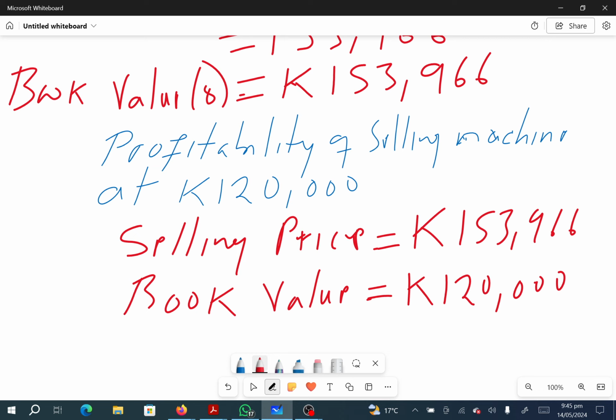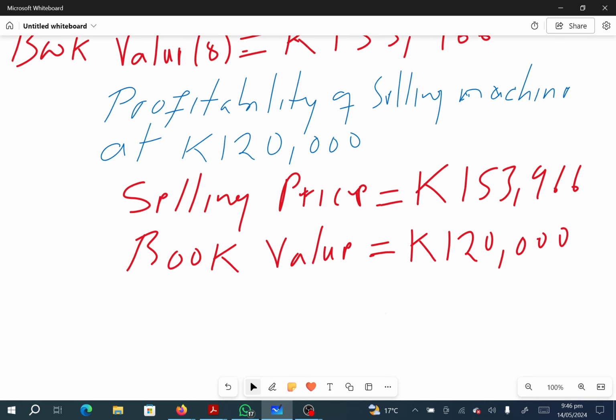So since the selling price is 120, meaning it is less than the book value of 153,966, it would result in a loss.